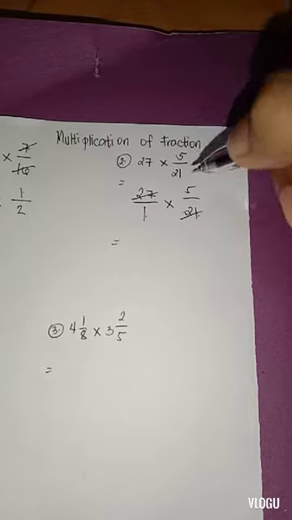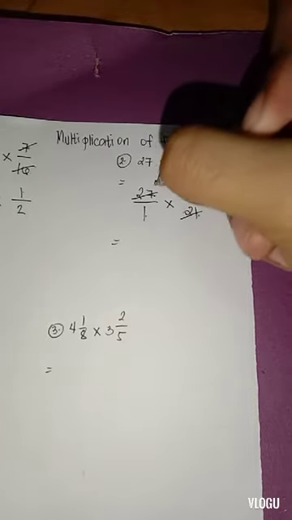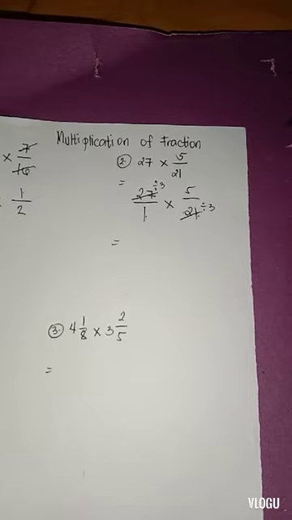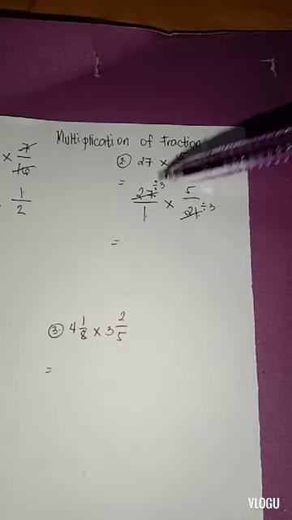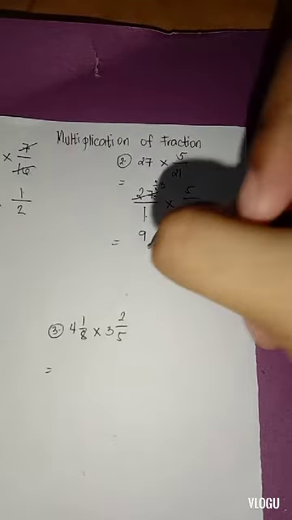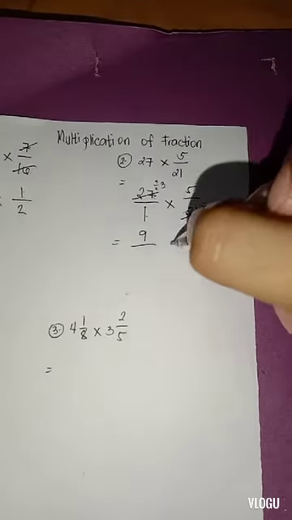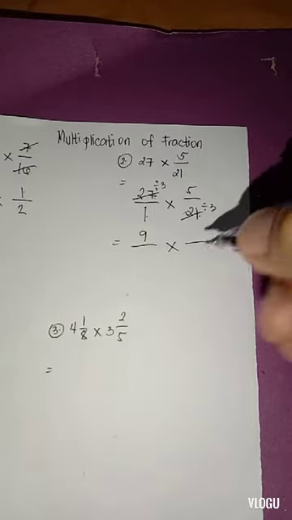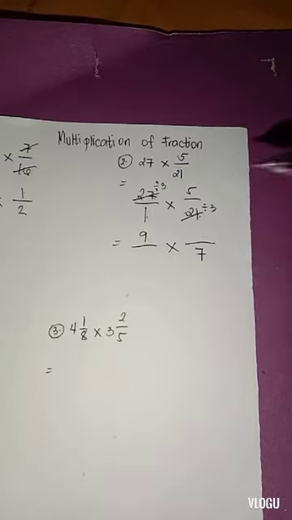So, by 3. So, 27 divide 3 and 21 divide 3. Okay, so 27 divide 3, we have here number 9. So, yun pala yung nasa isip ko. And then, 21 divide 3, we have number 7.